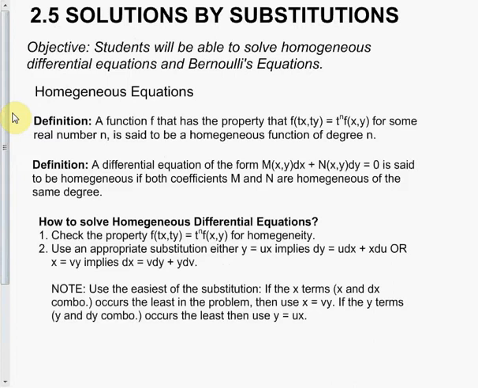A differential equation of the form m dx plus n dy equals 0 is said to be homogeneous if both coefficients, m and n, are homogeneous of the same degree. If that is the case, how are you going to solve a homogeneous differential equation? Well, make sure that it is homogeneous. We call this the property of homogeneity.